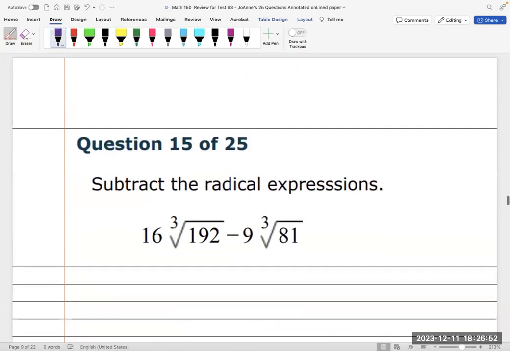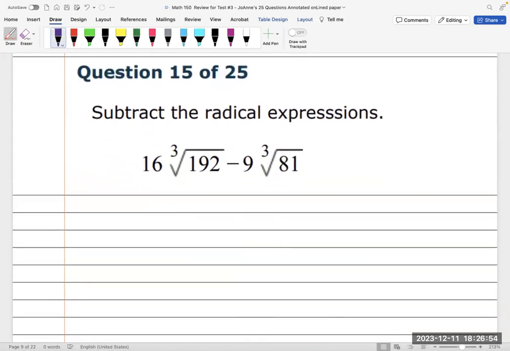Number 15, simplifying the radical. Again, cubed roots. My cubed roots: 1 cubed, 2 cubed, 3 cubed, 4 cubed, 5 cubed. 6 times 6 is 36. 36 times 6, 216.